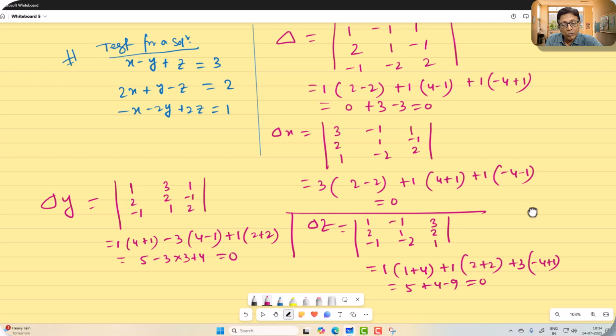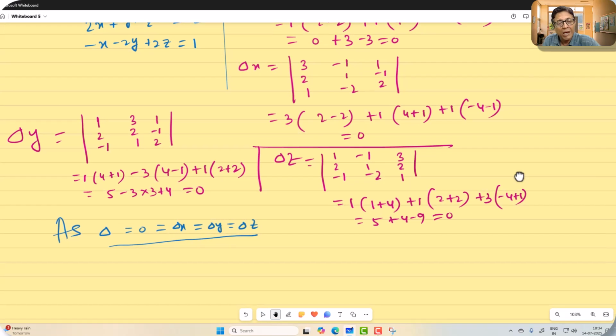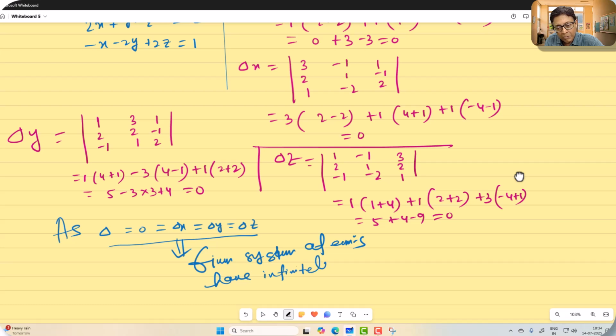So what will be your conclusion now? As delta is equal to 0, delta x, delta y, delta z all are equal to 0. So the given system of equations has infinitely many solutions.